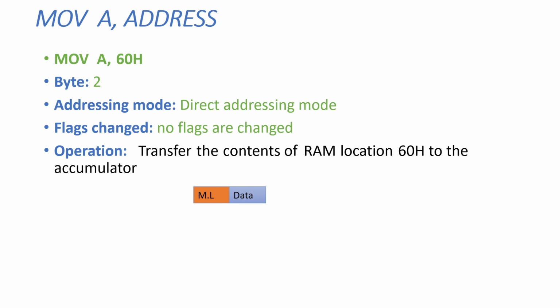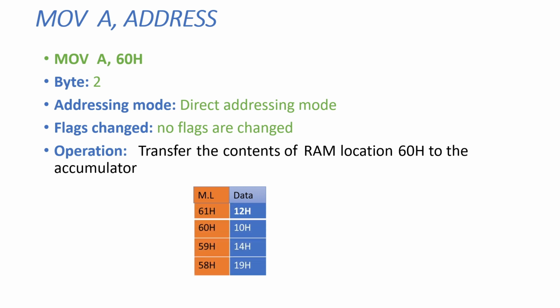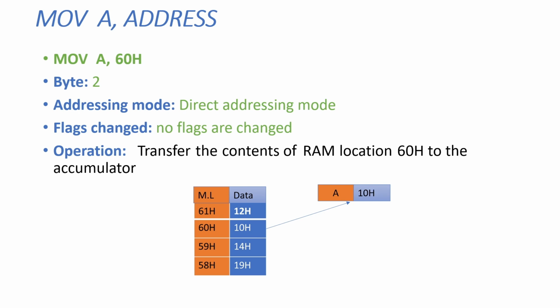See, this is the memory location. Now the microcontroller goes to memory location 60h, finds out the contents, and those contents are transferred into the accumulator. After execution of this instruction, the content of the accumulator becomes 10H. More examples are MOV R1, 70H, MOV DPTR, 1670H.